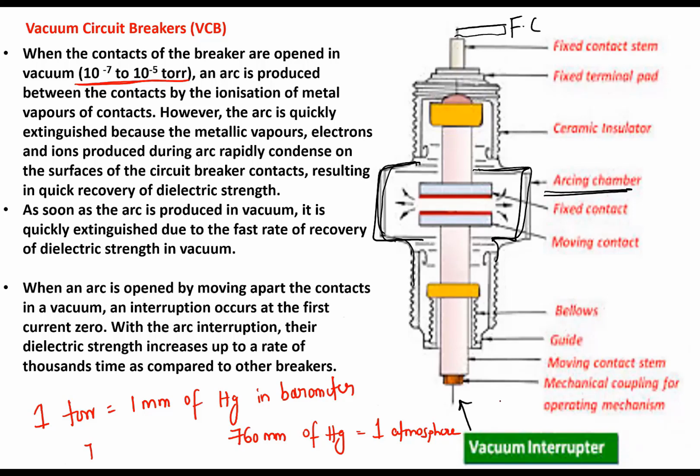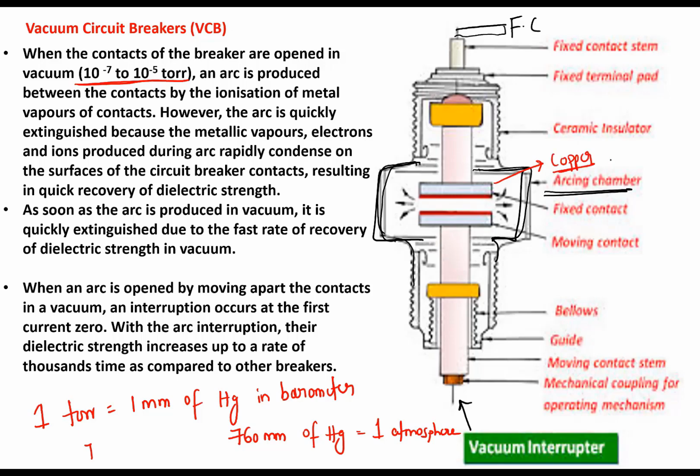Okay. So when the fixed and moving contact are separated, what happens? There is no medium present to break the dielectric strength. But however, why will the arc happen? Because of the huge amount of heat generated. In most circuit breakers, the contacts are made up of copper.